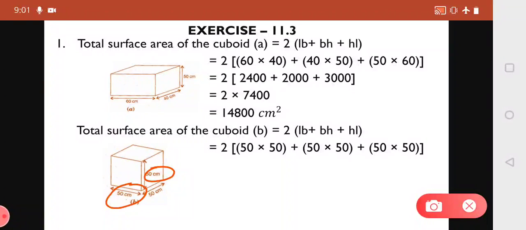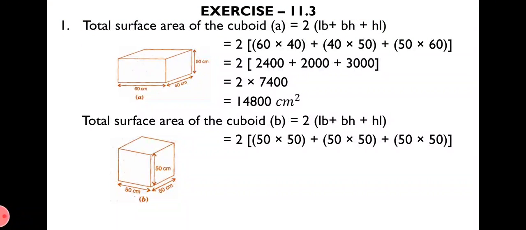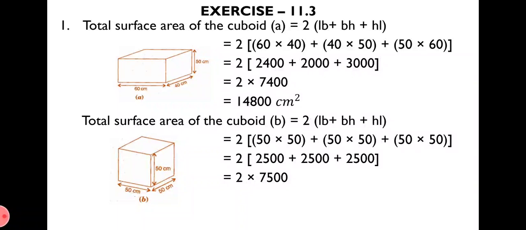So 3 times we will get twice 50 into 50 plus 50 into 50 plus 50 into 50. For solving we will get twice 2500 plus 2500 plus 2500, that is equal to 2 into 7500, that is equal to 15,000 centimeter square.